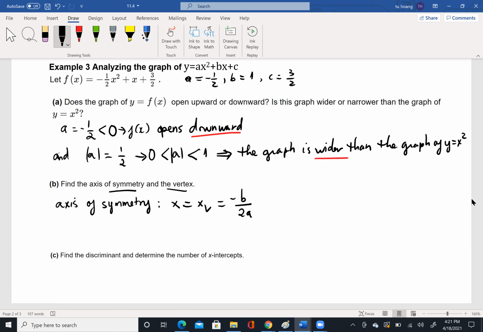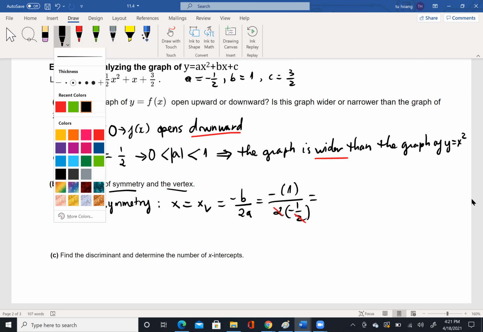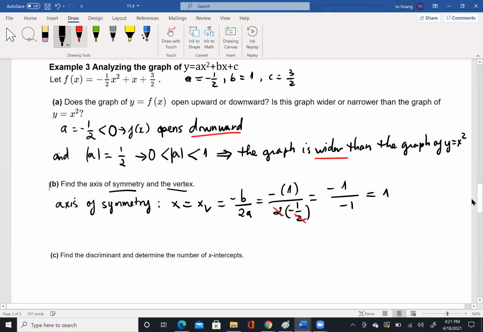I substitute: negative b is negative 1, over 2 times negative 1/2. The 2 times negative 1/2 cancels, so I have negative 1 on the top and negative 1 at the bottom, equal to 1. So the axis of symmetry is x equal to 1.